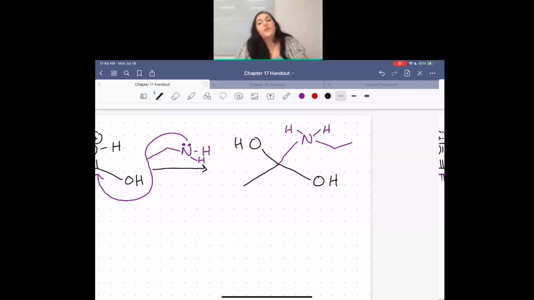Now, I told you that the leaving group is going to come off and we're going to reform this double bond. So we can use a handy dandy tool from last chapter called an intramolecular proton transfer. I'll just write that down.